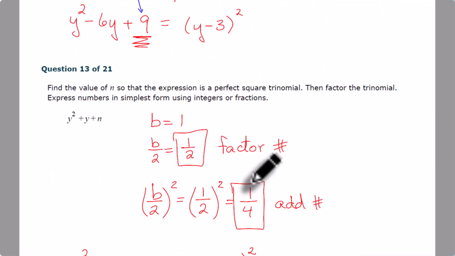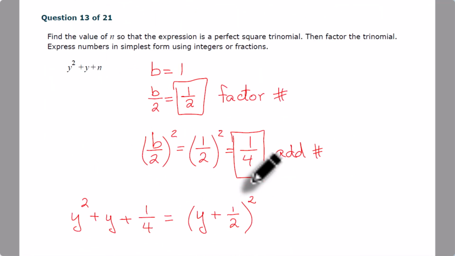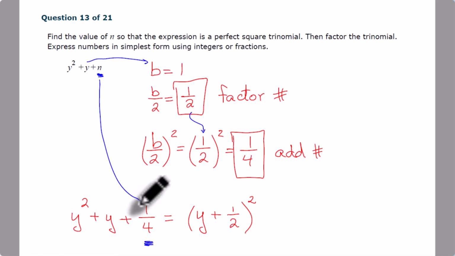All right, in question 13, the same. I need n, so I grab b. b is 1. b over 2 is a half. That's my factoring number. I grab my half and I square it. 1/2 squared is 1/4. And that's the amount I need to add in.